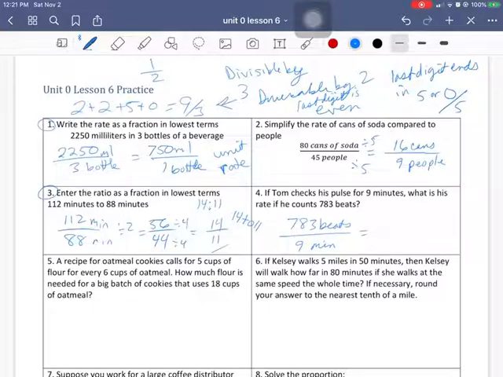So we want to know beats per minute. So we want a unit rate. Okay, so does 9 go into, let's try. So 783 divided by 9, yep, is 87. So this translates to 87 beats per minute. Okay.